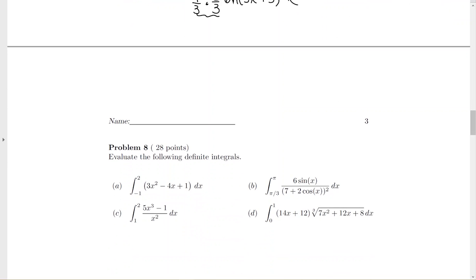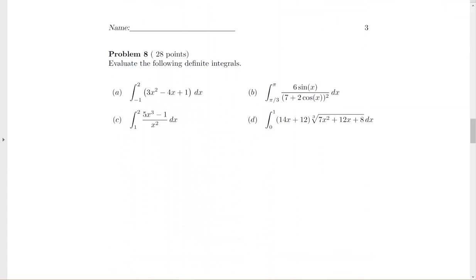All right. So on problem 8, this one's just straight up integrated and then substitute in your values. Letter C, since there's only one term in the denominator, I would split this up. And you can do this because there's just one term in the denominator. Integrate from 1 to 2 dx. And then simplify.